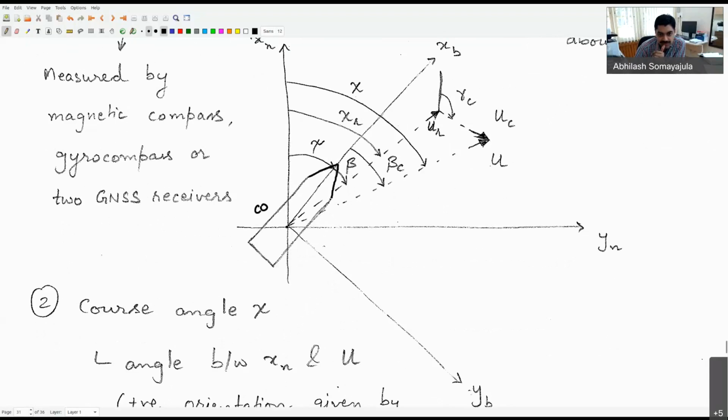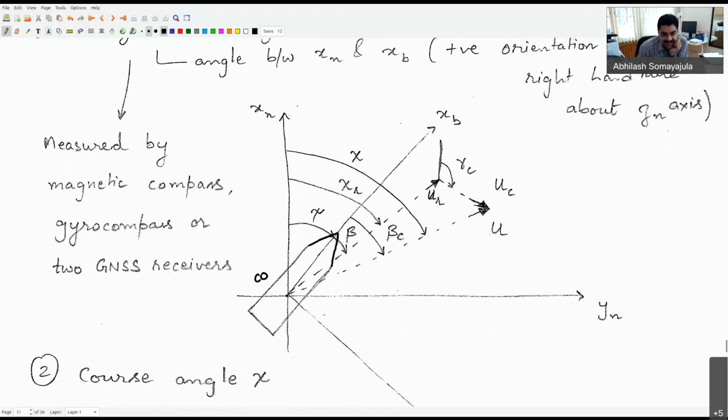Okay, everybody with me so far? Yes, sir. All right. The NED frame will have the XN axis, which is the north direction, and the y-axis will point in the east direction, and the z-axis is pointing in the downward direction.